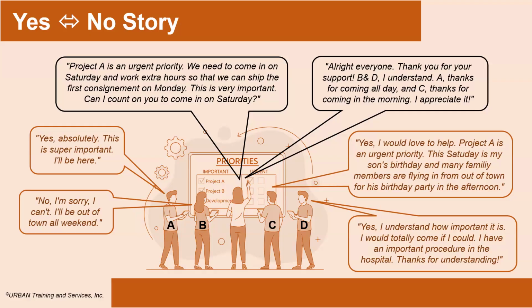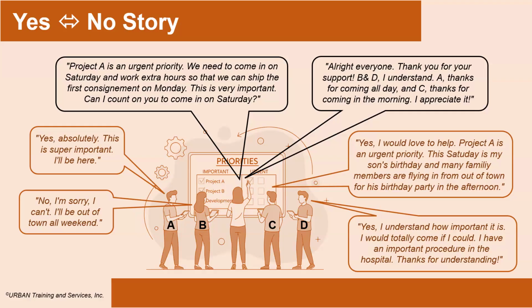What about C? She says, "C, thanks for coming in the morning. I appreciate it." Do you think that's what C meant? Did C mean that he can come in the morning, because his son's birthday party is in the afternoon?